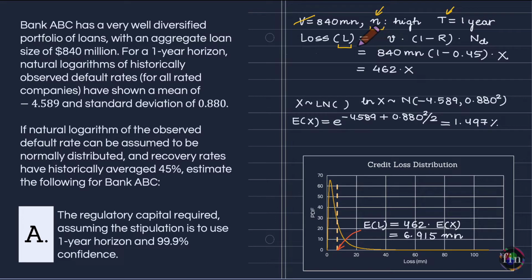For this purpose, let me assume that to each of these n borrowers I have lent a sum of money which is lowercase v.